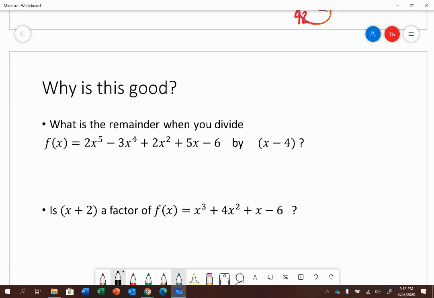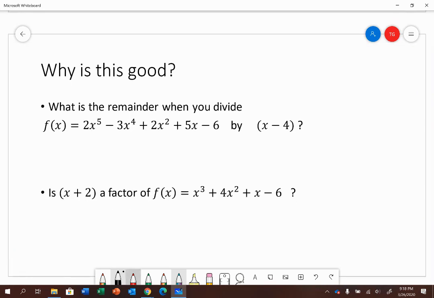Like if I was asked what's the remainder when I divide this polynomial f of x, which is 2x to the fifth minus 3x to the fourth plus 2x squared plus 5x minus 6, if I divided that by x minus 4, I could do it with long division, but it would take forever. So if I just wanted to know what the remainder is, all I would have to do is plug in 4.